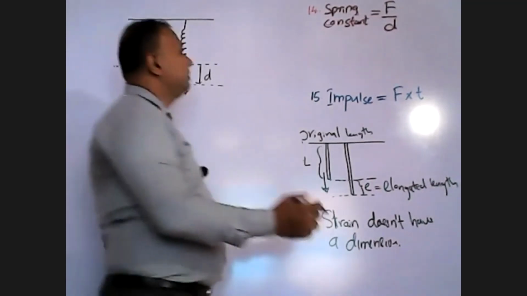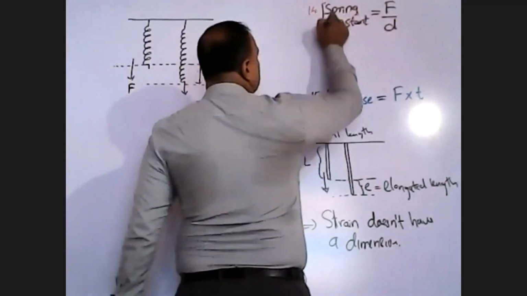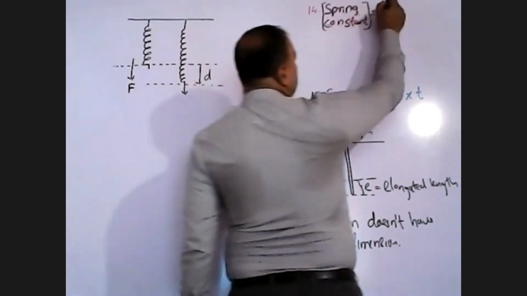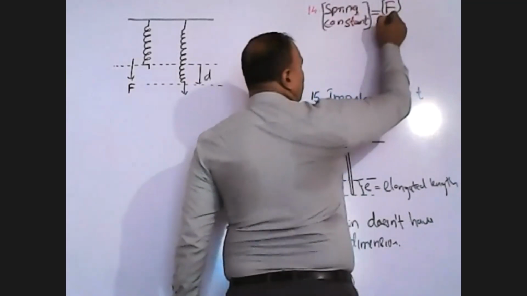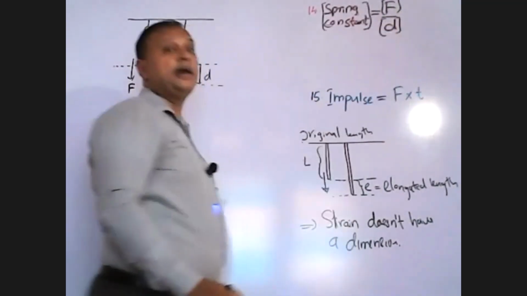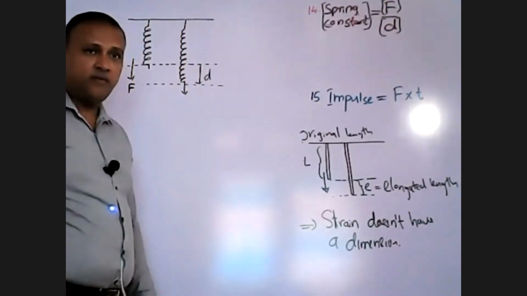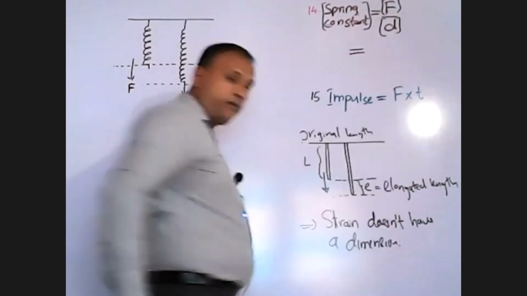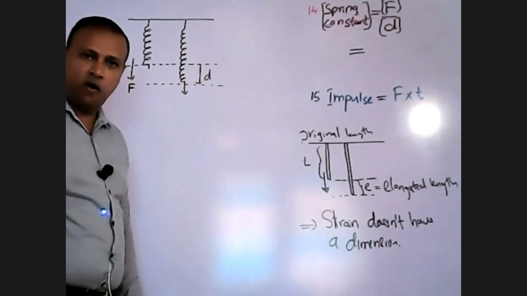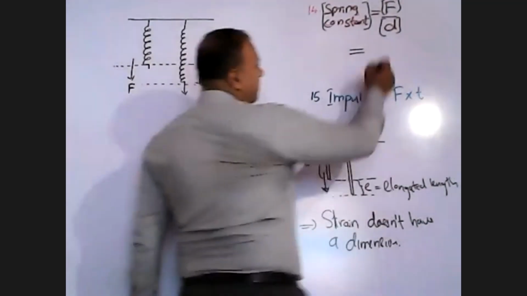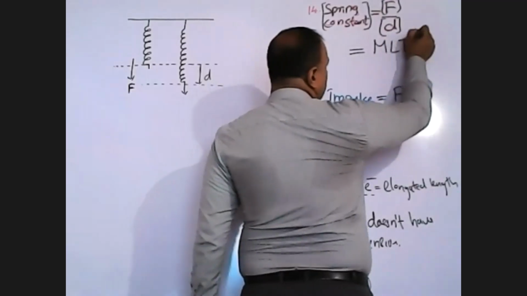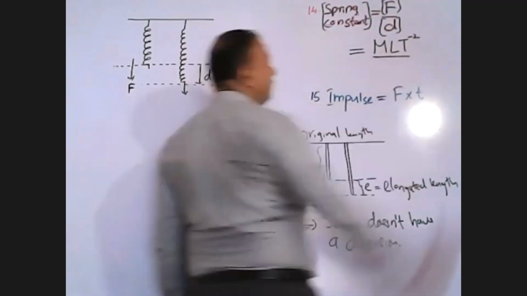So the dimension of the spring constant is equal to the dimension of F over the dimension of D. The dimension of F, a force, is MLT minus 2.